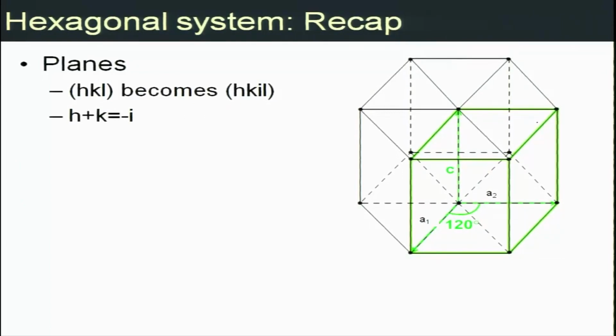For the sake of representation you can represent it as a hexagon which consists of 3 of these unit cells. In the normal unit cell you just need 3 axes: A1, A2 and C. This is the first axis you choose, there is the second axis, and this is the third axis, the one which is perpendicular to the basal plane.